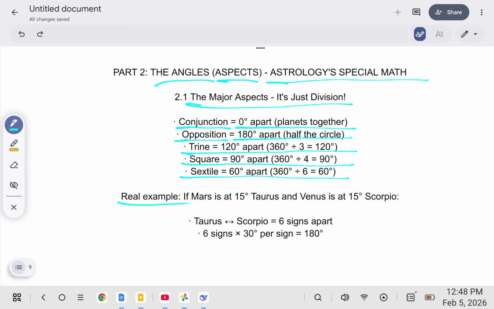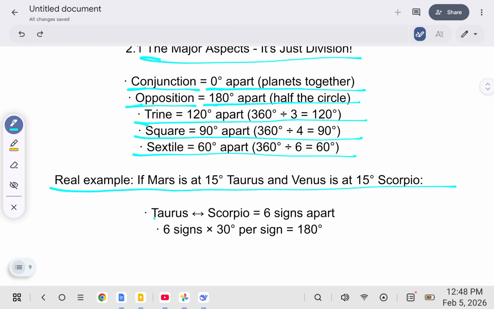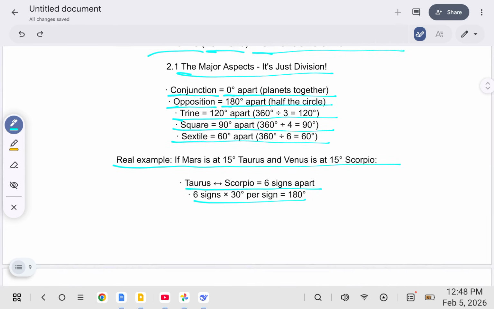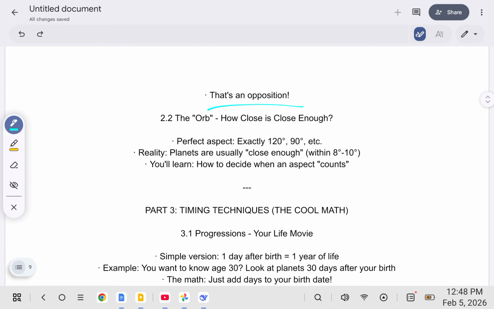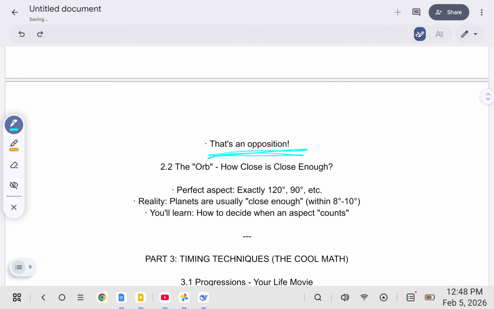So here's a real example. If Mars is at 15 degrees of Taurus and Venus is at 15 degrees of Scorpio, Taurus and Scorpio equals 6 signs apart. And 6 signs multiplied by 30 degrees per sign equals 180 degrees. That's an opposition for those that didn't get that.